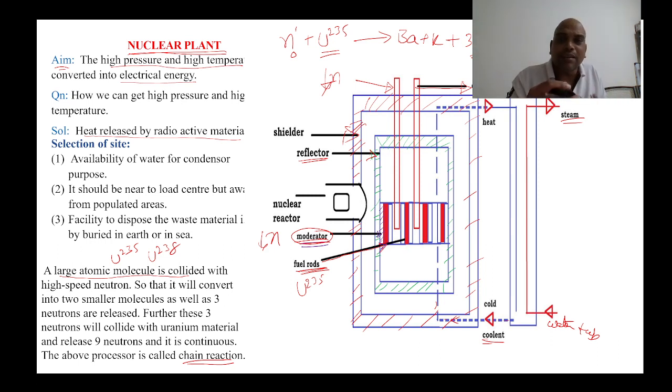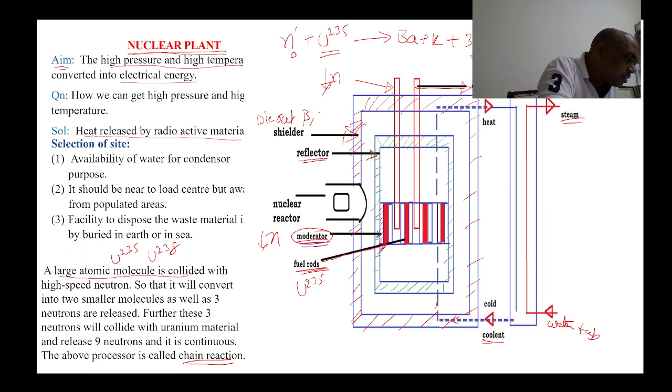So it absorbs the beta and gamma particles. So why are we using shielding? It is used to die out beta and gamma particles in the nuclear reactor. So this is about the entire working of a nuclear power plant.